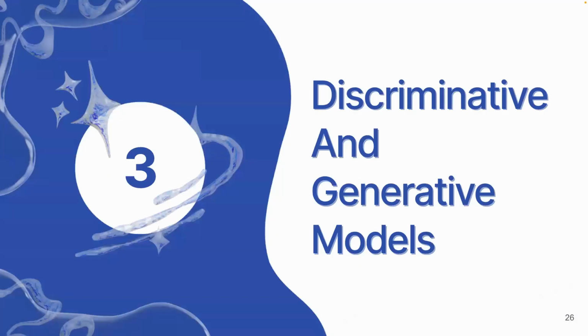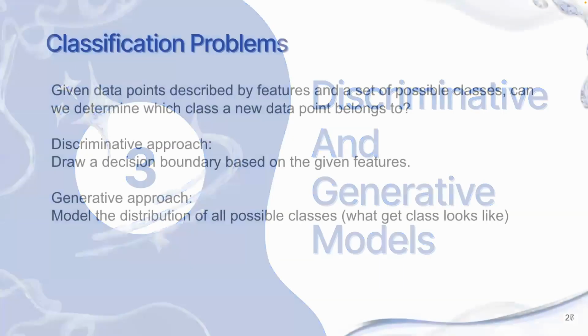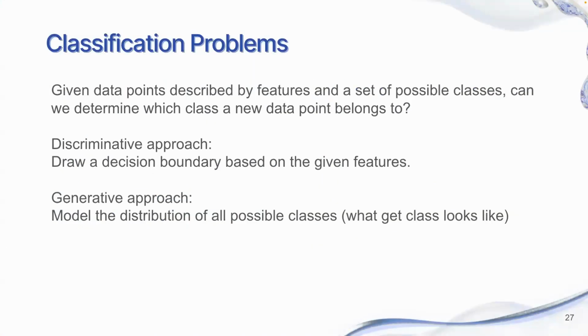No? Okay. So now let's talk about discriminative and generative models. Let's step back a little bit and talk about the classification problem as a recap. For a classification problem, you have some data points, multiple of them, which can be described by features.